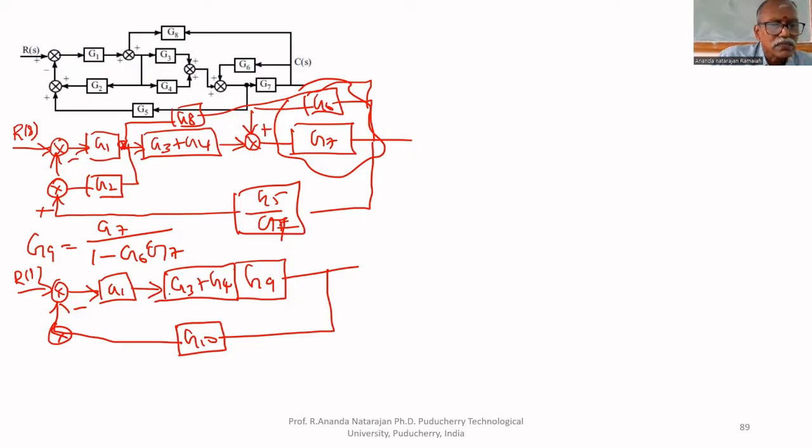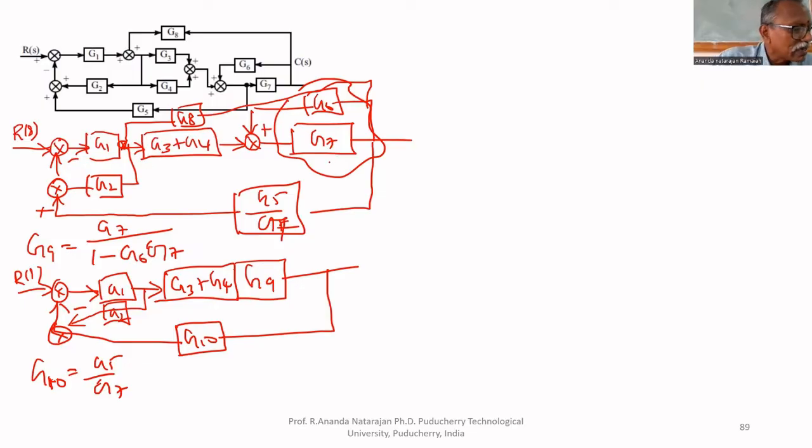G2 is as such. So where G10 equals G5 upon G7. Now we can move this also.